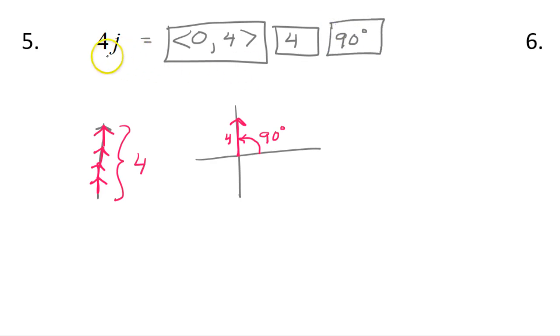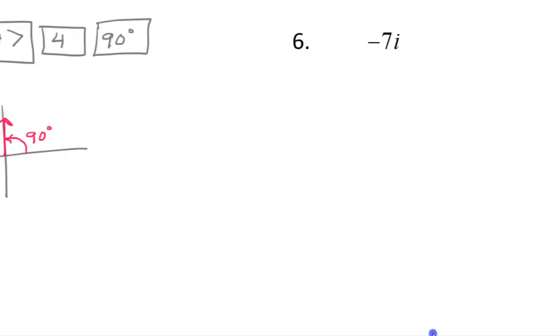So it makes it really simple when we have a horizontal or a vertical vector. All right, look at number 6. Again, i is the horizontal unit vector and j is the vertical. So this is horizontal. So a picture of this vector would look like this. It is simply going 7 units to the left.